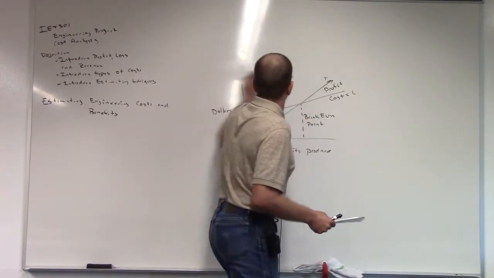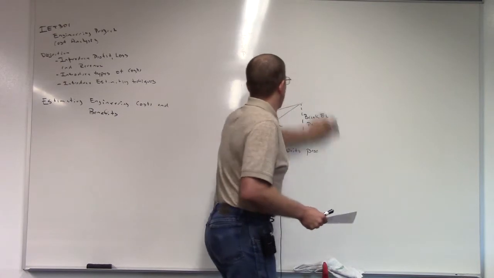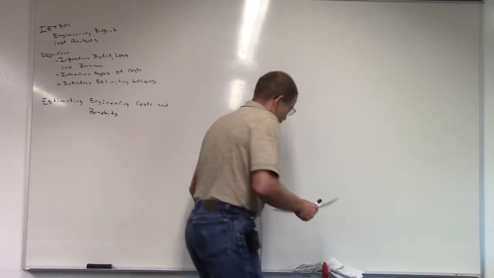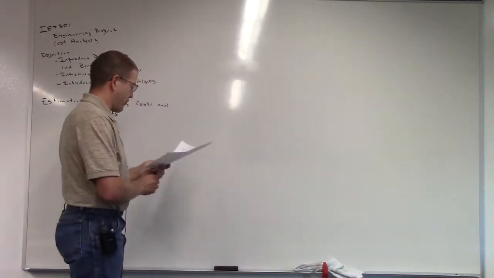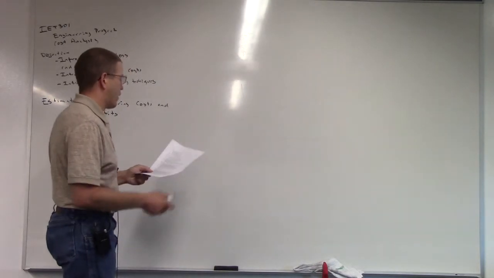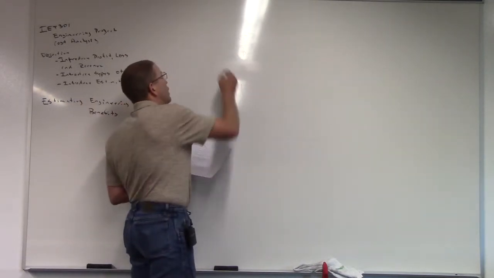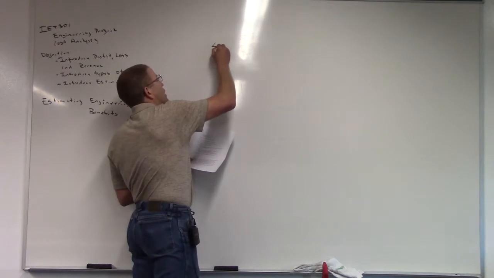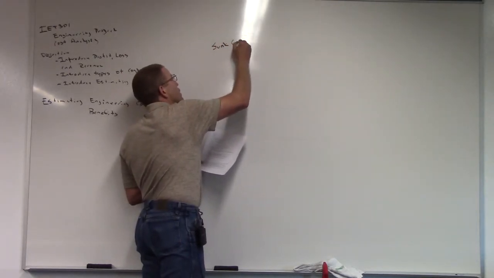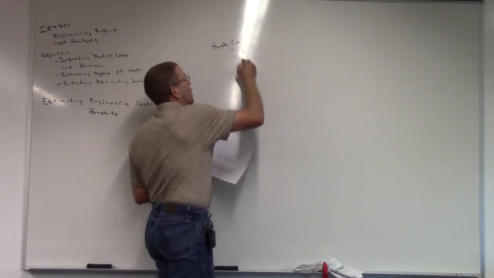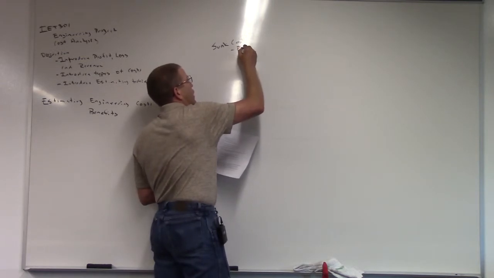In addition to this, there are several other types of cost that are introduced in this chapter. We have what are known as sunk costs, and these are expenses that have already occurred.